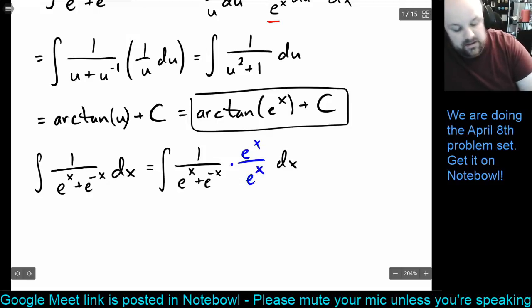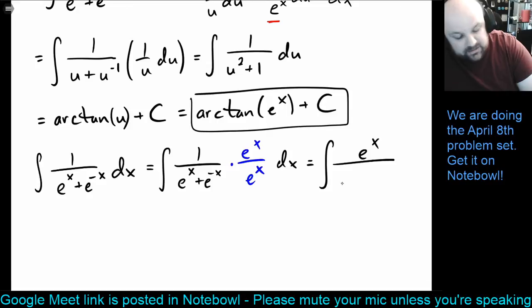What that's going to do is give me an e to the x on top. e to the x times e to the x is e to the 2x. And here the e to the negative x and the e to the x cancel each other out, leaving 1.